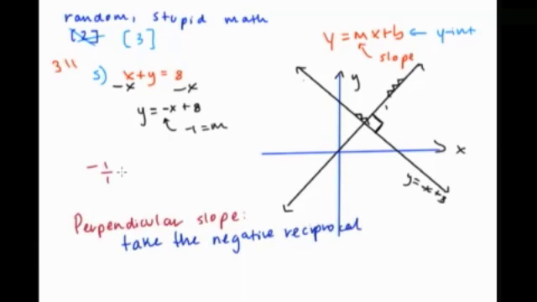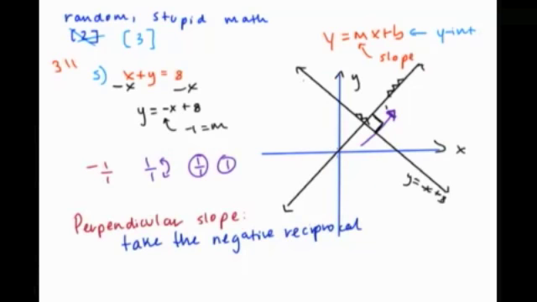Now you might be saying, what does this mean? Well, first thing you have to do is make it negative, so flip that from negative to positive, that's 1 over 1. And now take the reciprocal of it. Just flip both numbers, and they're the same number in this case, so it's just going to be 1 over 1, or 1. And that's going to be the slope of our new line, 1.